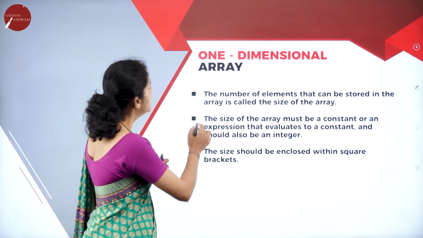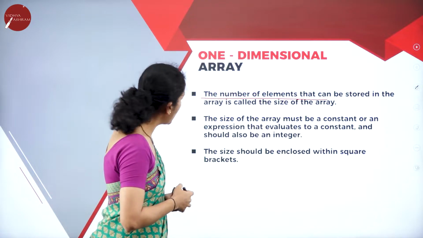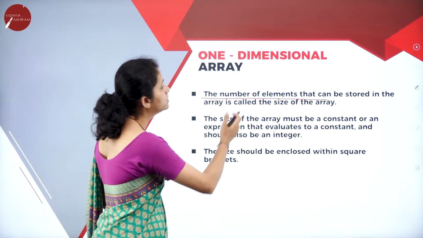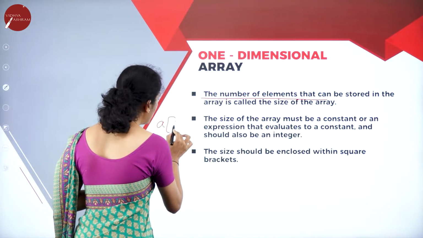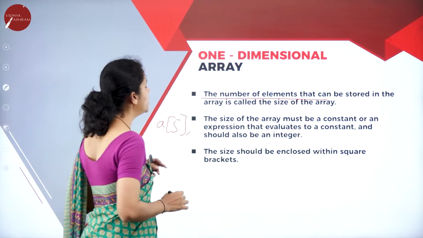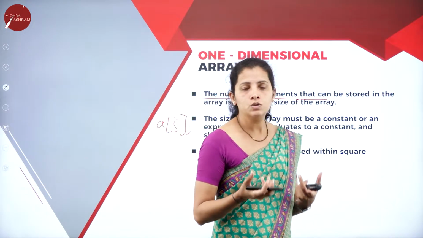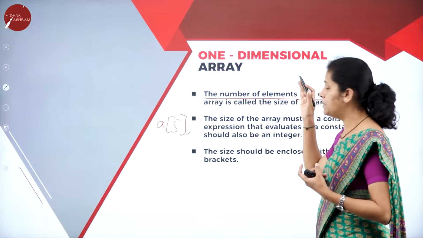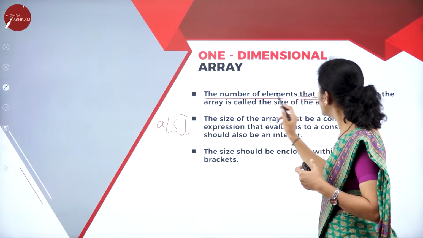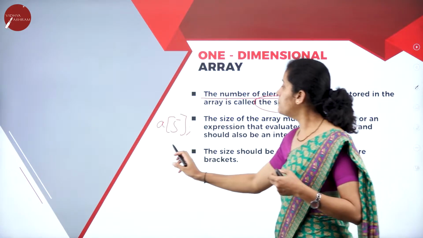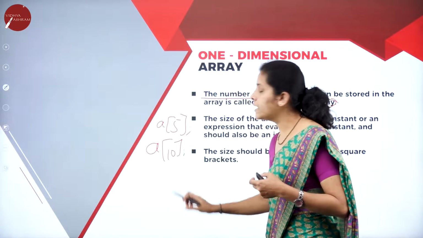Moving further, the number of elements that can be stored in the array is called the size of the array. For example, if I write A of 5, then what is the size of the array here? That is 5. If I write A of 10, then the size is 10.